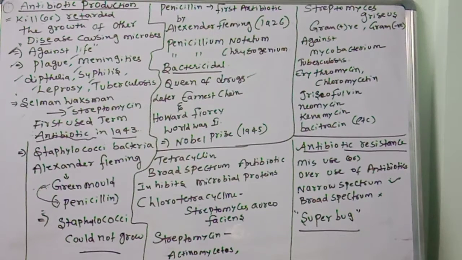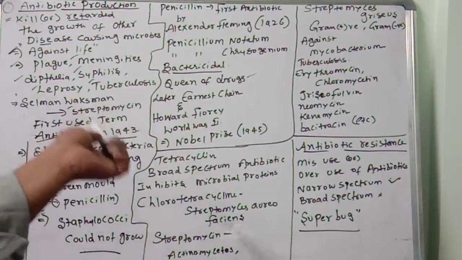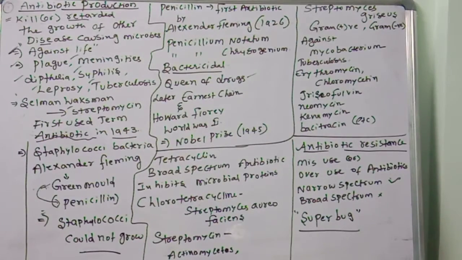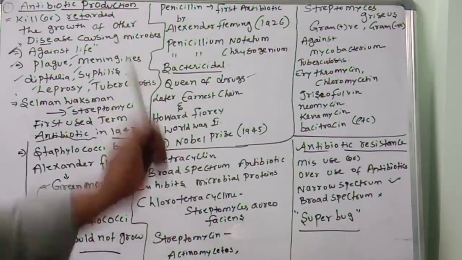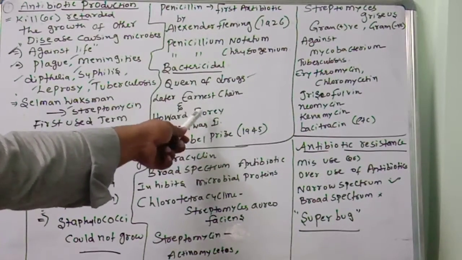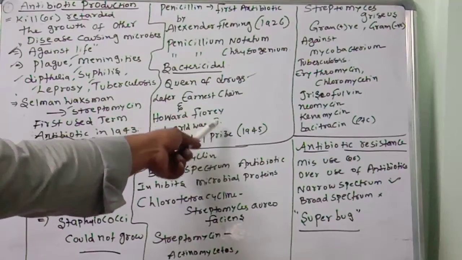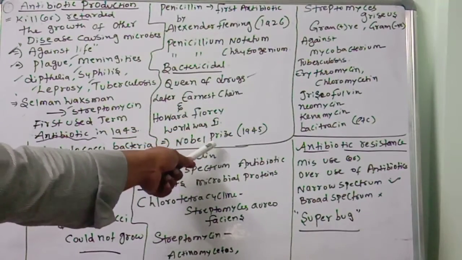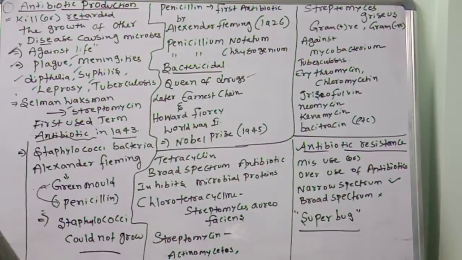They asked the government to use this medicine to treat soldiers who got wounds in World War II. That's why Fleming, Ernest Chain and Florey together got the Nobel Prize in 1945. This is the most important point to remember.